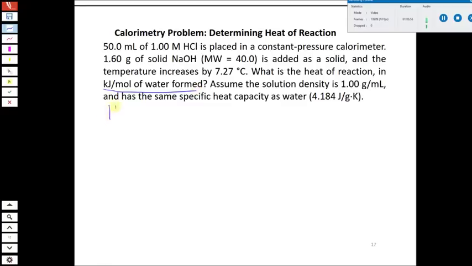So we have HCl plus NaOH forming water and NaCl, so a typical acid-base equation that we should be familiar with from Chapter 6. So that's the reaction that's taking place in the calorimeter.